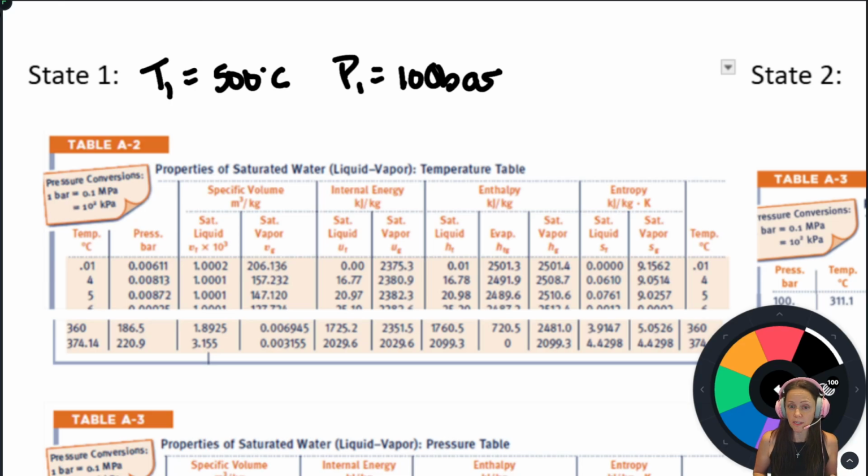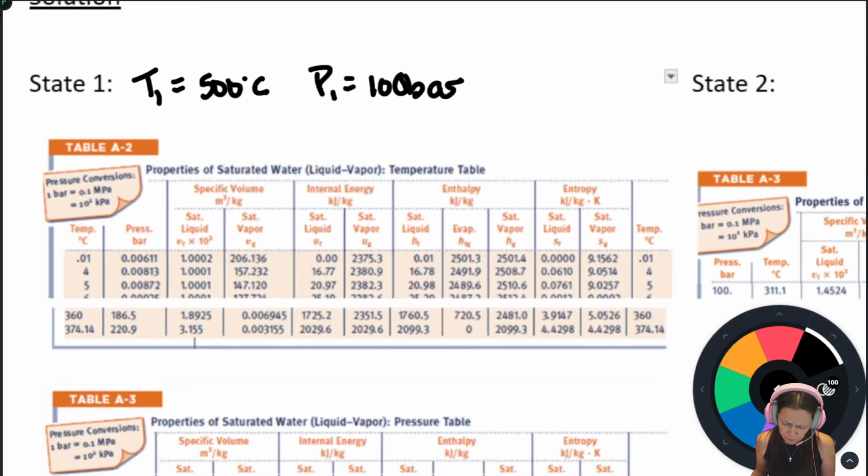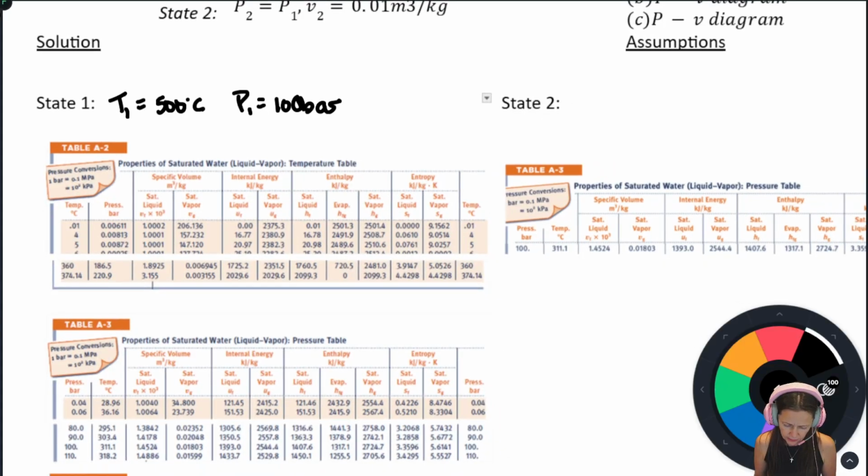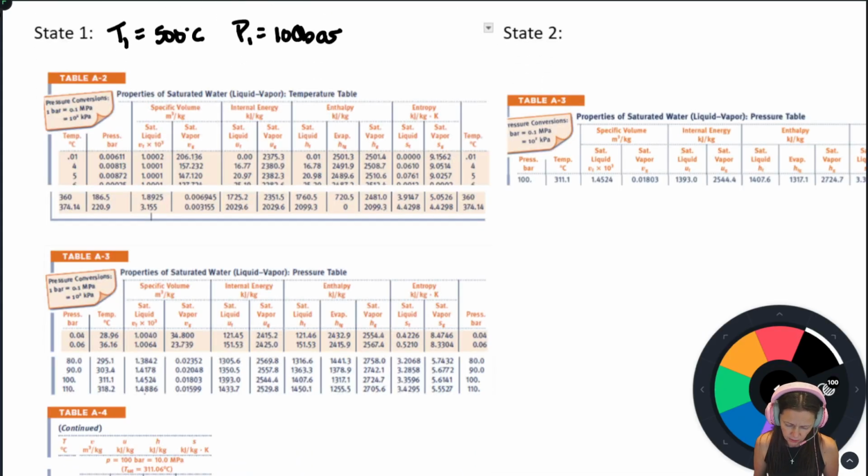The critical temperature is specific to whatever substance you're talking about, and it's the highest temperature at which liquid and vapor can coexist as a saturated substance. If we're above that critical temperature, then you can only have a single phase, okay? So let's look at the pressure.